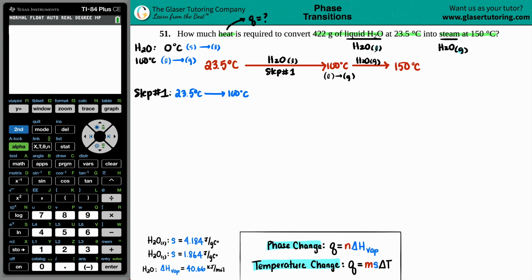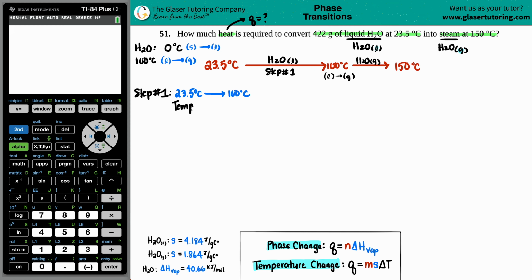Now you say to yourself, is this a temperature change or a phase change type of question? Yeah, we're changing temperature here. So this is totally a temperature change.